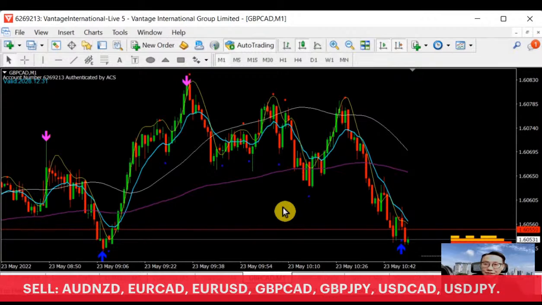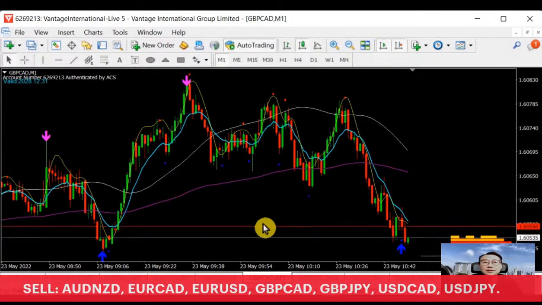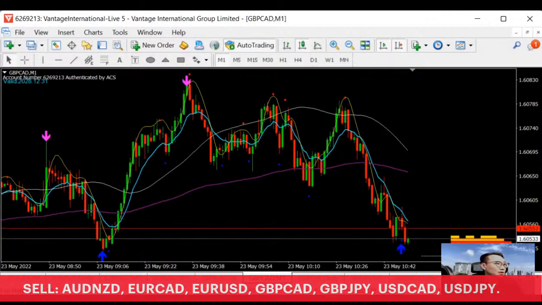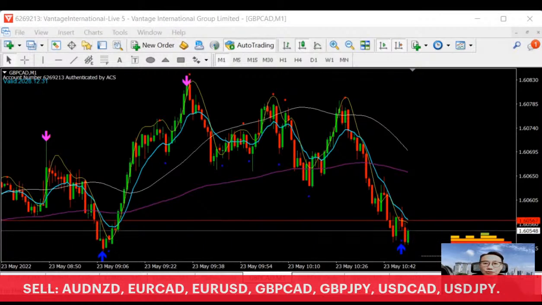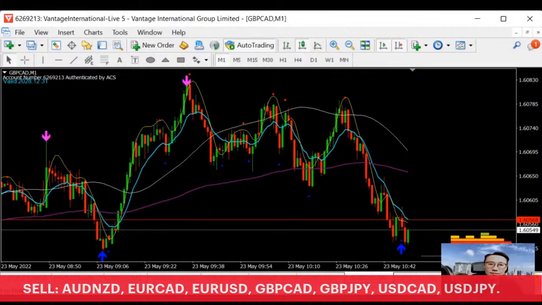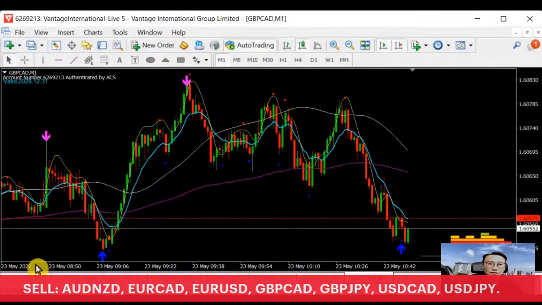Let's see what we have here now. Aussie Kiwi has already retraced upwards. Or Euro CAD over here.